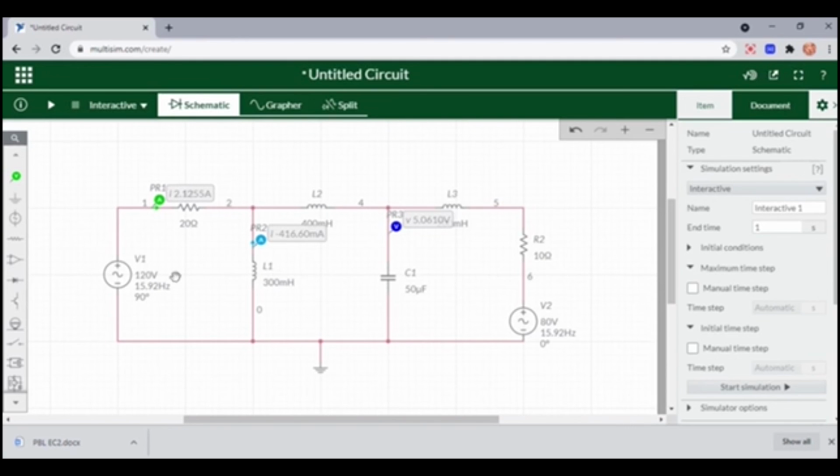For V2, I set 80 volt, 15.92 Hz and 0 degree. So this is the value for I1, I2 and V out.